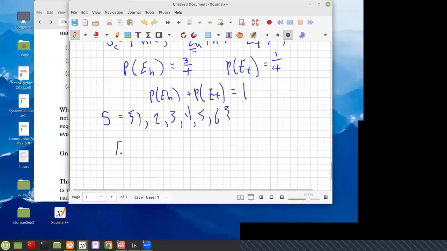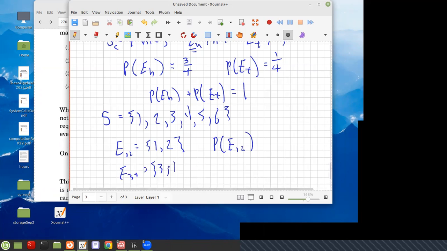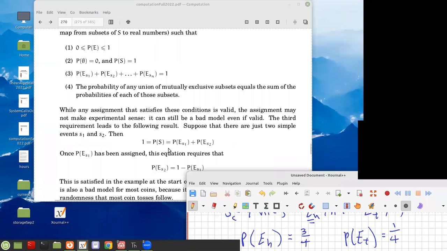I could have the event {1, 2} and the event {3, 4}. This says that the probability of any union of mutually exclusive subsets equals the sum of the probabilities of those subsets.